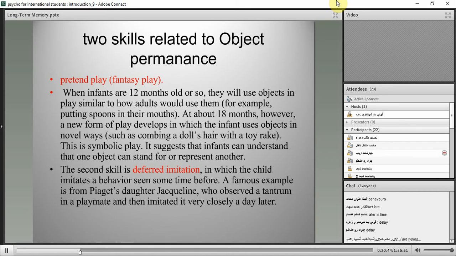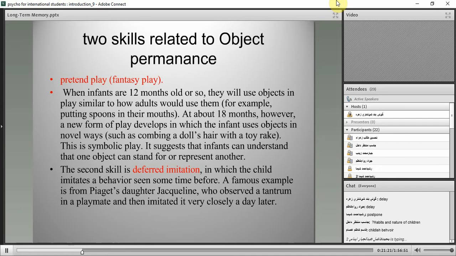In delay, the child sees a behavior, an adult's behavior, or watches another child acting in a particular way. For example, a tantrum. Tantrum means seeing somebody crying or showing bad temper, habits and nature of children. Tantrum is screaming, crying.